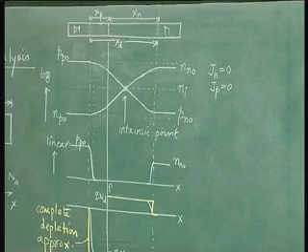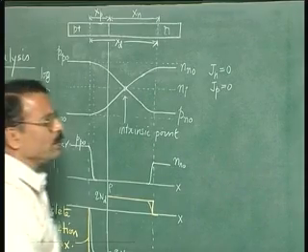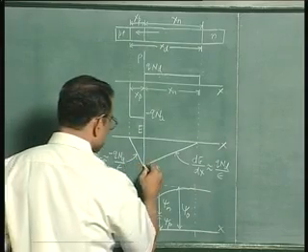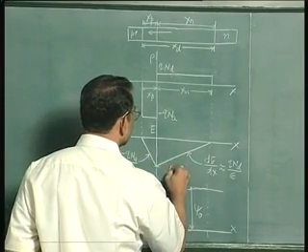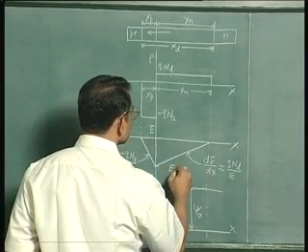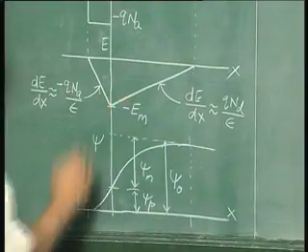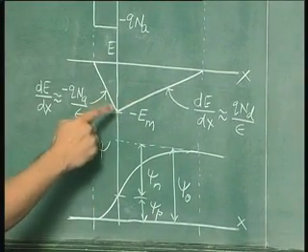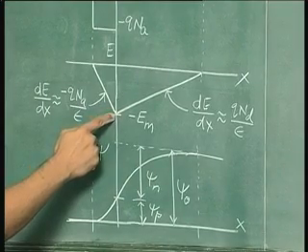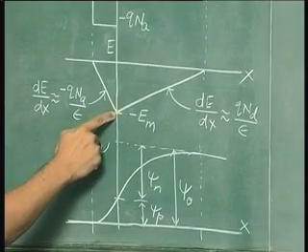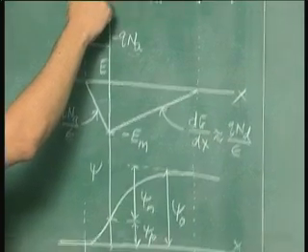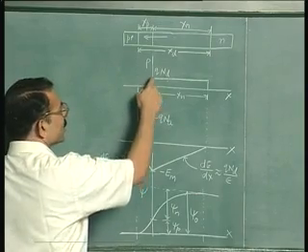Then we would also like to know the value of the peak electric field, that is, the maximum electric field which occurs at the junction. Notice that the maximum electric field occurs at the junction because this is where you have a change from the positive charge to negative charge.